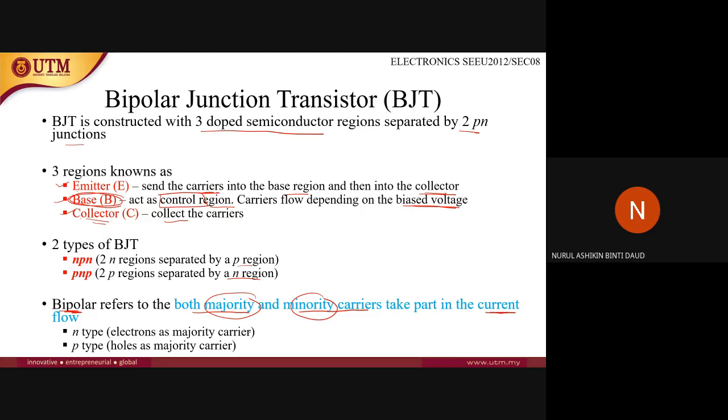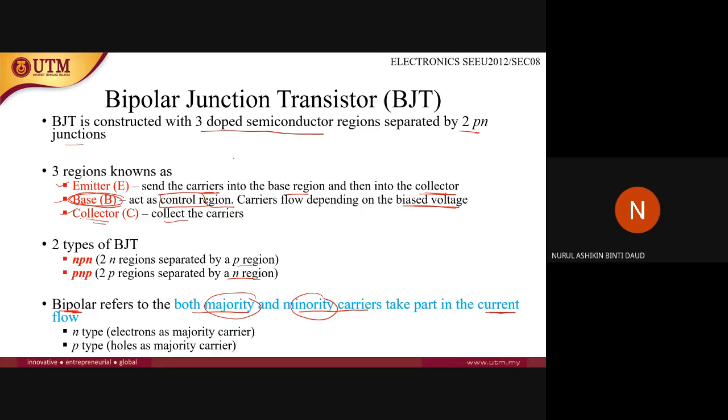So this is a revision for diode. Usually N-type we have electrons as majority carrier, right? And P-types we have holes as majority carrier.